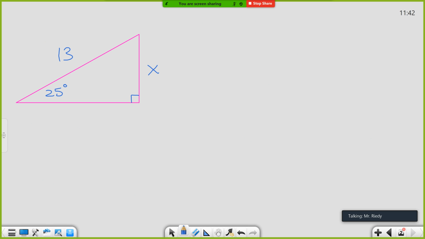Let's see, who are we going to pick on today? Joey, is x adjacent, opposite, or hypotenuse? It's opposite. Perfect. Is the 13 adjacent or hypotenuse? Hypotenuse. Good. So that takes care of step 2. Step 3, which function then uses the opposite side and the hypotenuse, Joey?